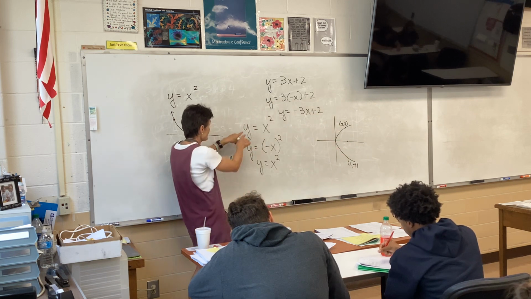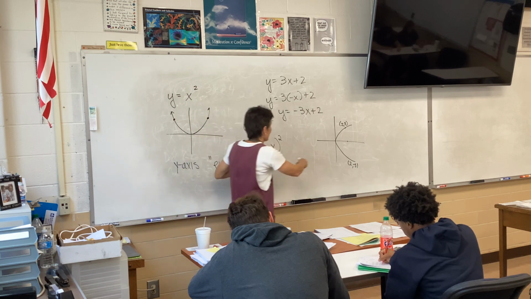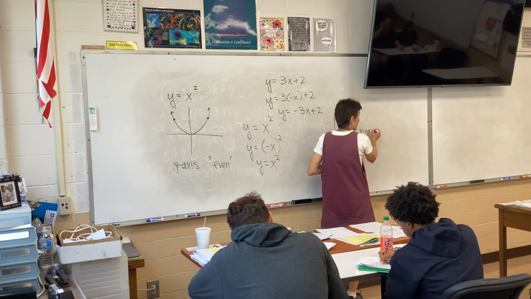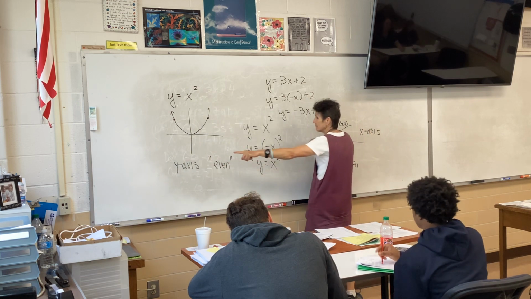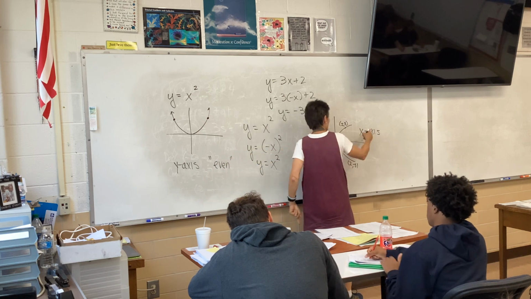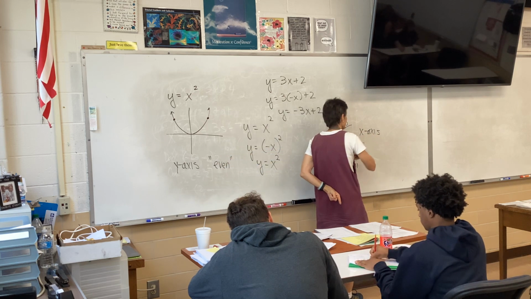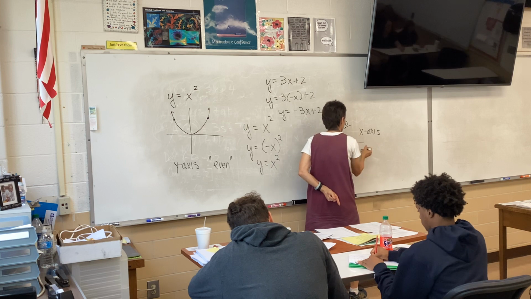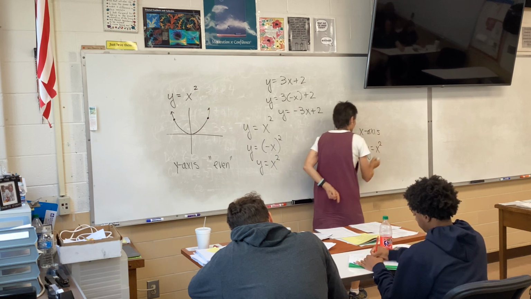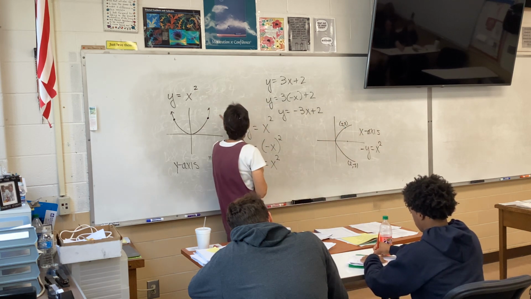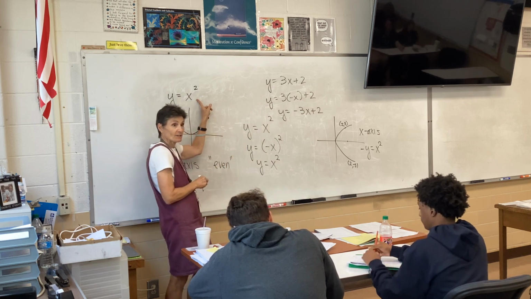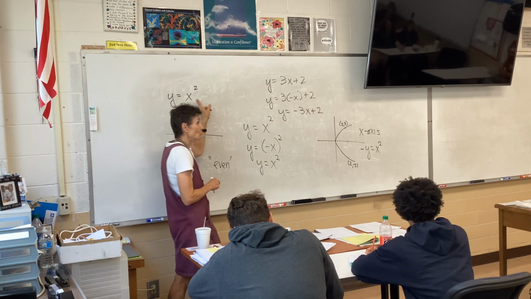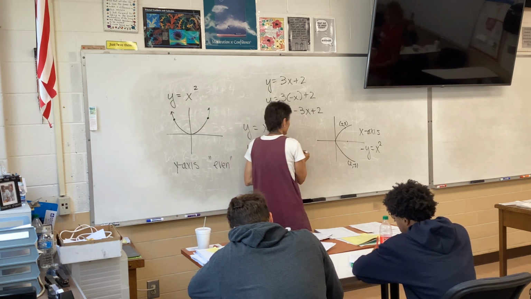Let's test this one for symmetry about the x-axis. There's no special name for that, by the way. Evenness goes with the y-axis. There's no special name that I know of for the x-axis. Change the sign on y. Is that the same equation that I started with if I change the sign on y? No. But what if I did this?